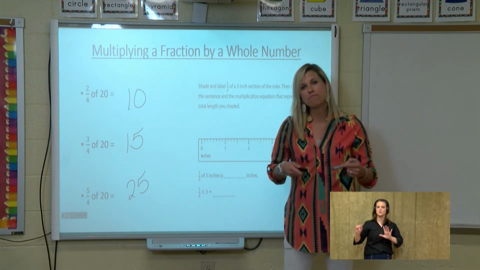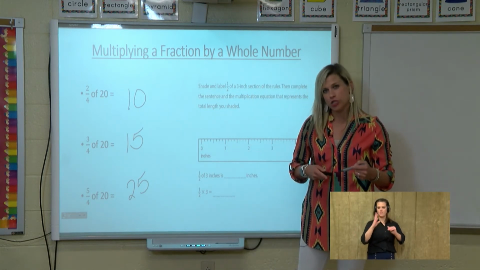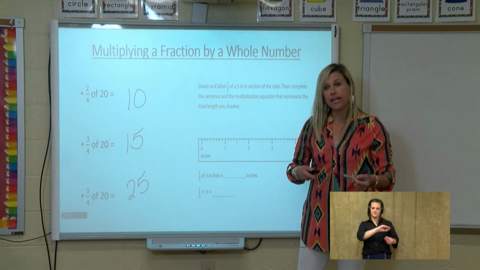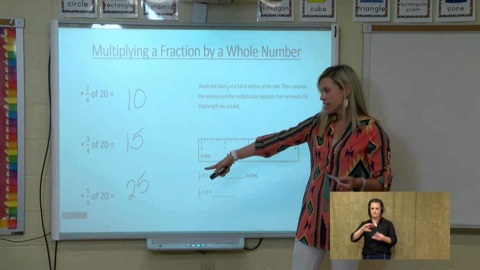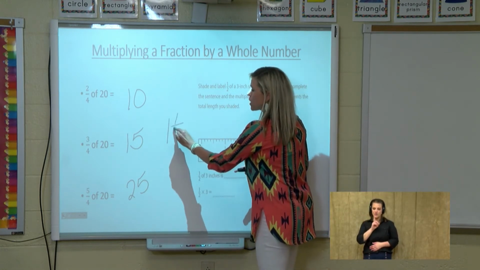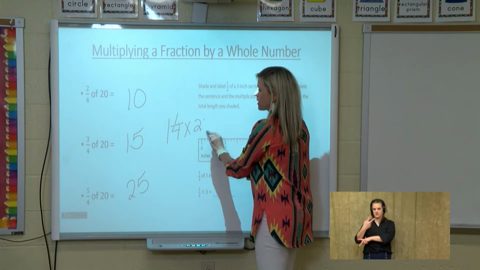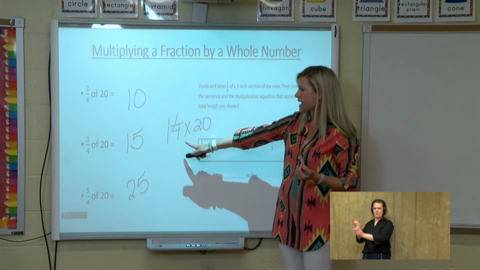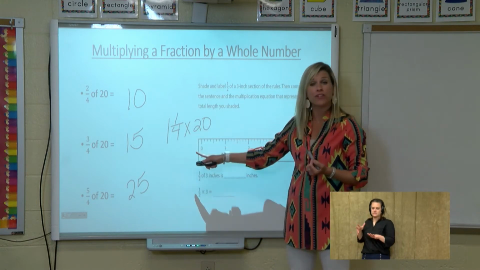So when you see multiplying mixed numbers times whole numbers, it's not as hard as you think if you leave it like this. So this right here actually is 1 1/4 times 20. And that looks harder to me as a teacher, as a person. That makes me kind of nervous, and I look at that and think, I don't know how to do that.